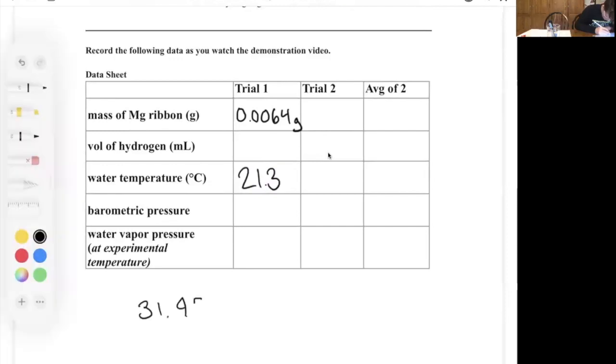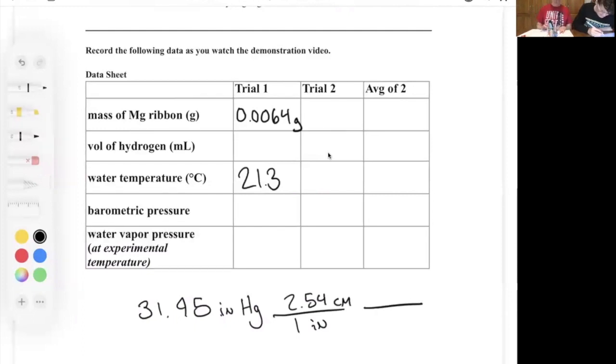The number is 31.95 inches of mercury, and we will have to do a simple conversion of this to get to millimeters of mercury, which is torr. So it's 811.53.